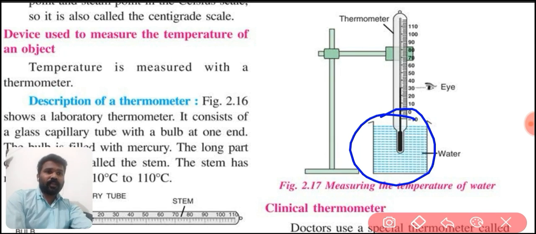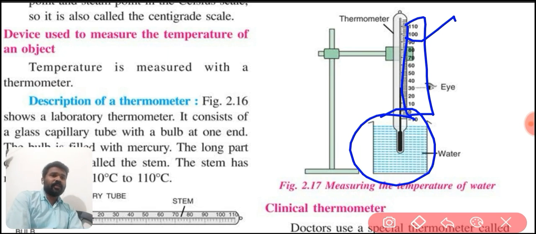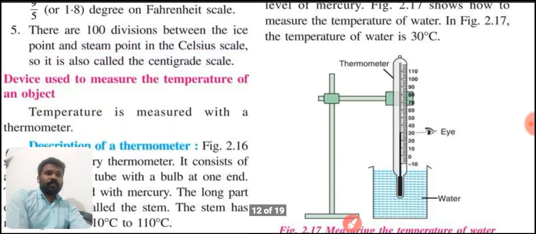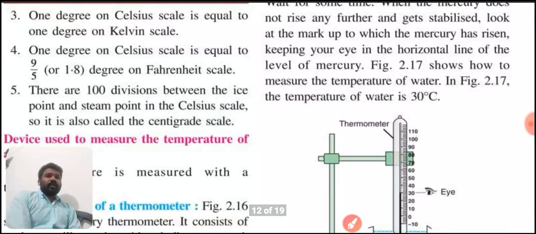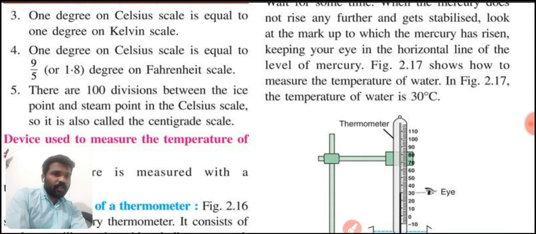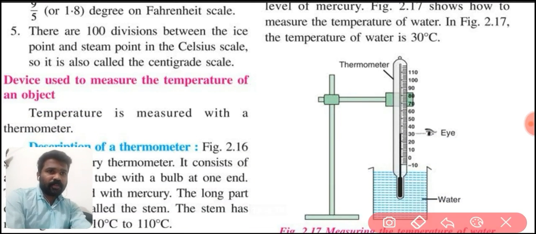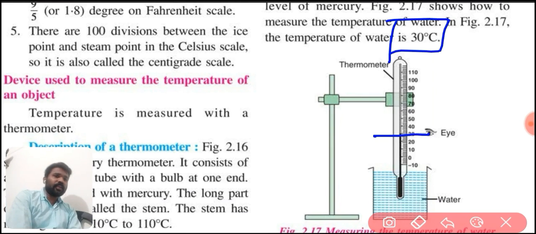The graduations are there, and we are watching the horizontal level. Students, it shows how to find the temperature of the water. By observing, we can find that the correct measurement of the water here is 30 degree Celsius.